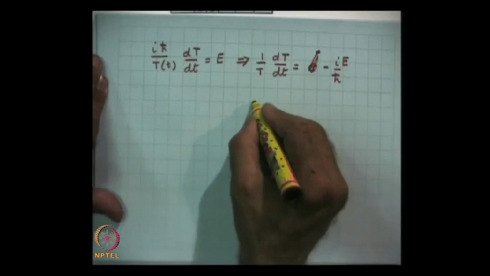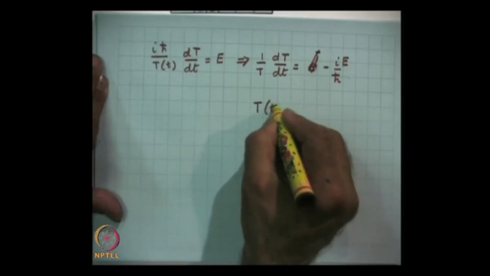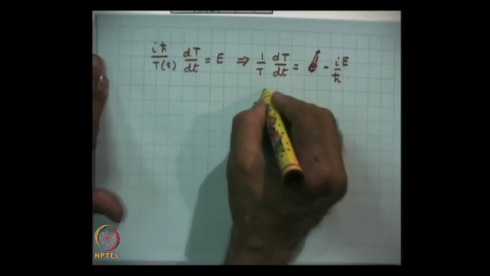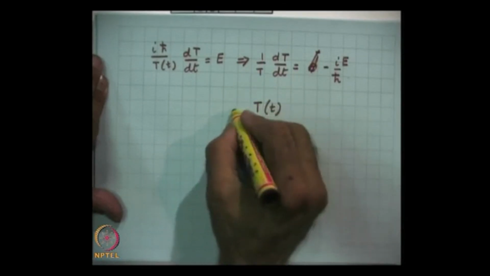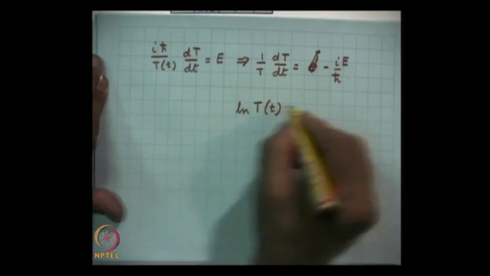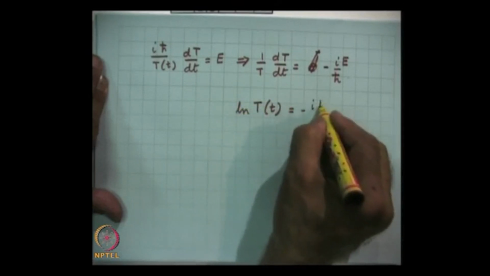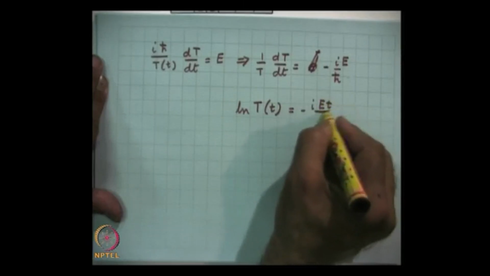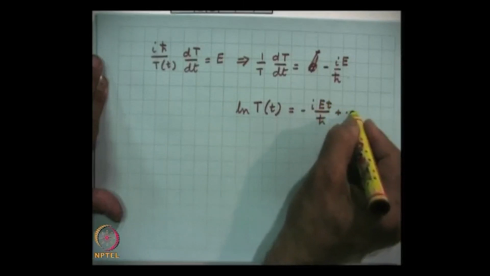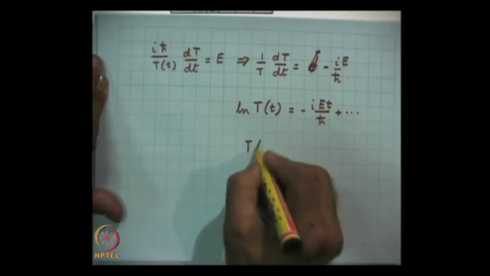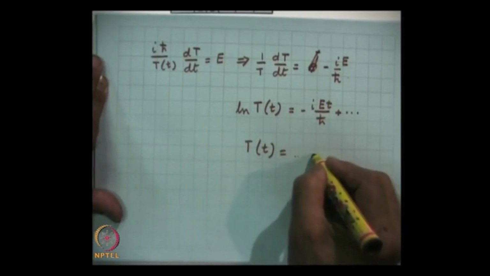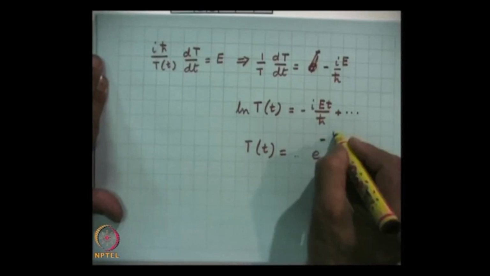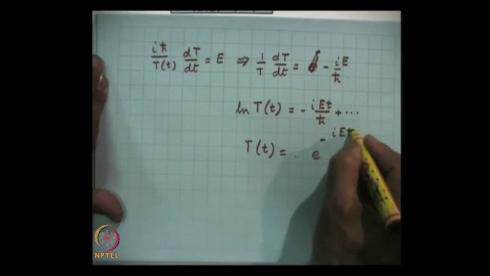So, therefore, the integral of this equation is log of T. If I integrate this, you get log of T is equal to minus i E t by h cross plus a constant. So, T of t is equal to a constant times e to the power of minus i E t by h cross.